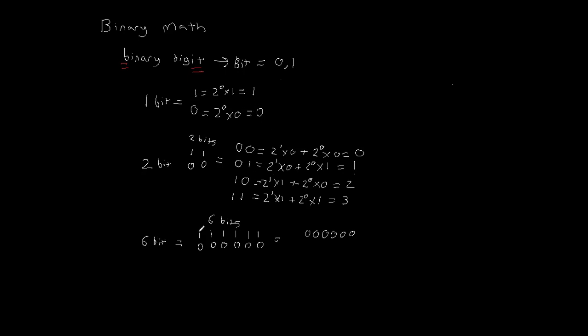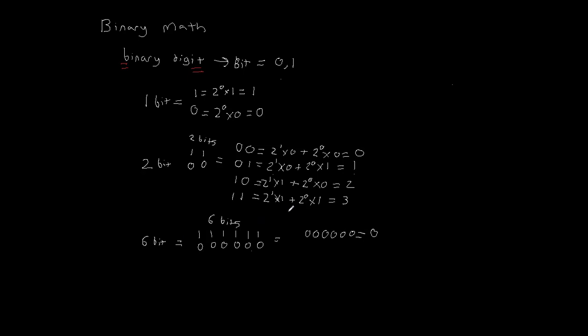In a 6-bit, if we want the number to be 0, we have to keep track of 6 bits of information. And if we have 8 bits, we have to keep track of 8 bits of information. So hopefully this makes sense as to why, when we increase the bit depth, we increase the number of bits, we're increasing the number of digits we have to keep track of.